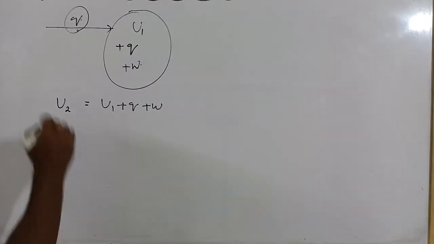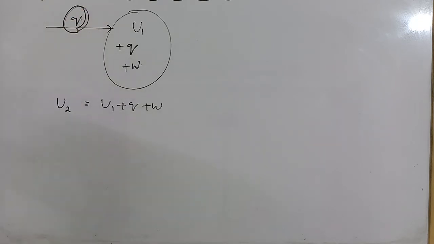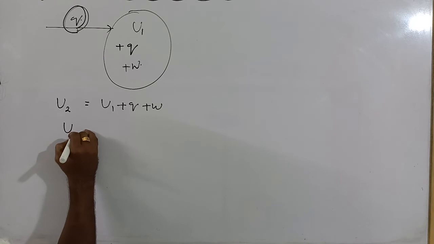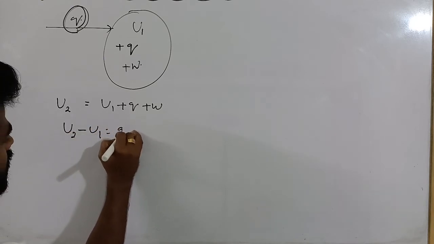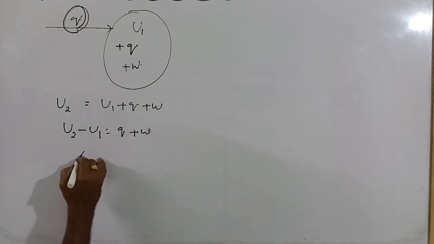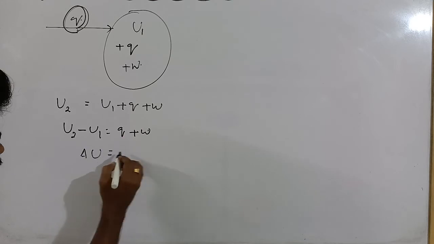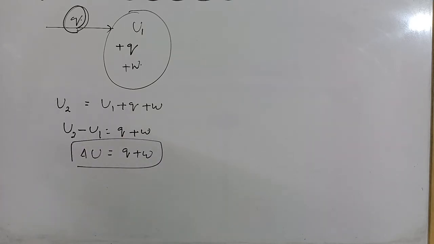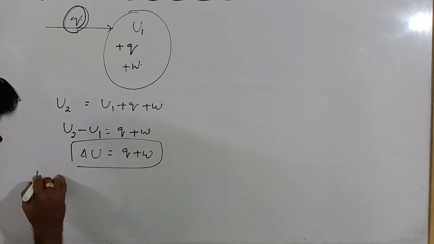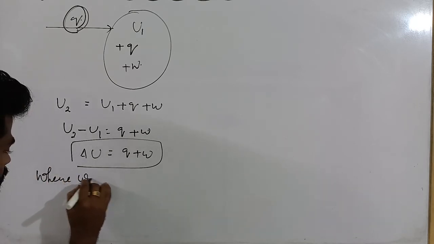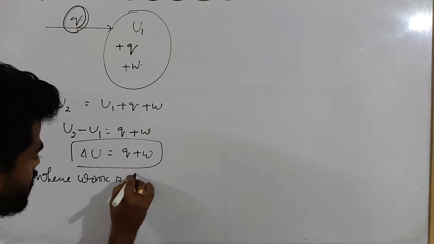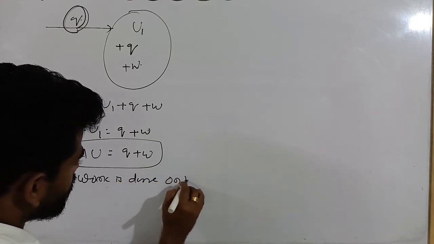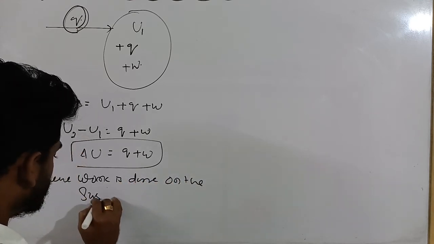So u2 is the final internal energy, so u2 minus u1 is equal to q plus w. So I can write the change in internal energy, del u, is equal to q plus w, where w is the work done on the system.